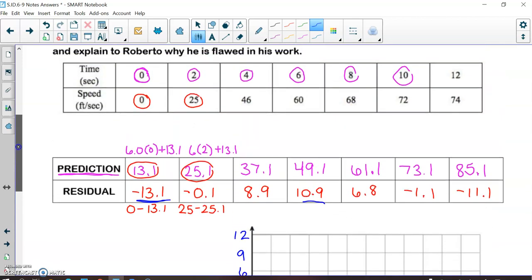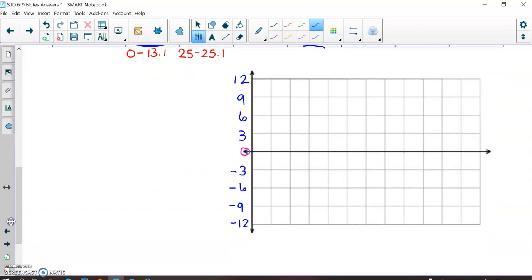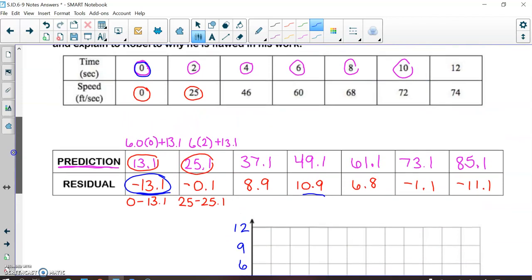All right, so when x was 0, my residual was negative 13.1. At an x value of 0, my residual is negative 13.1, which would probably be closer to negative 12. So just kind of estimate where that's about to be. Remember, a residual plot can be more of an estimation.